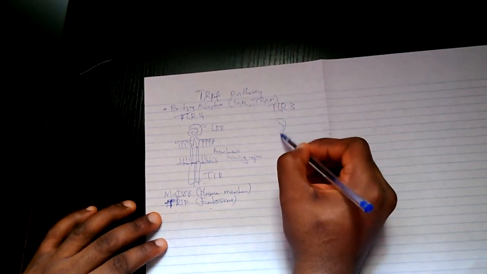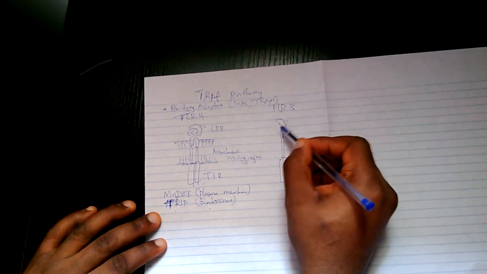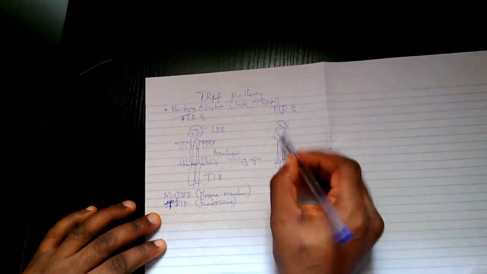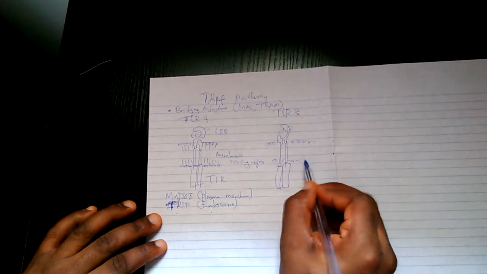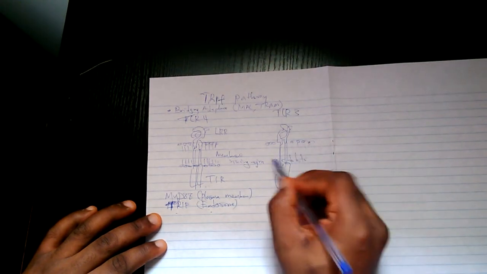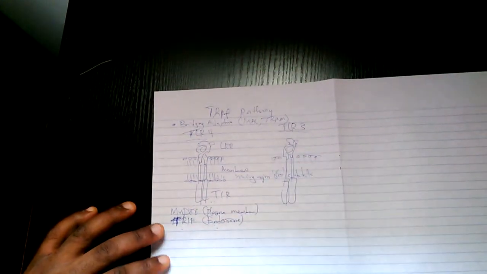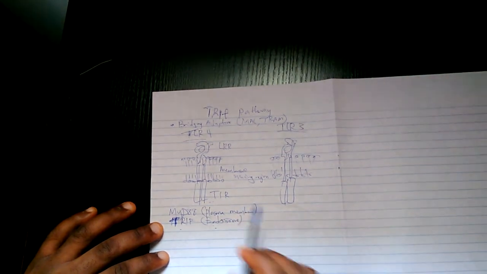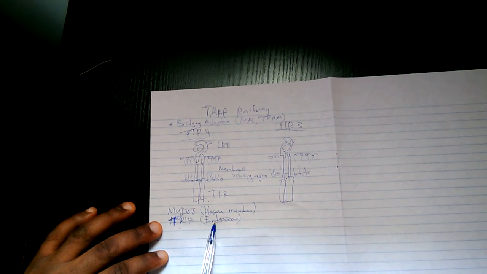Maybe let's draw the picture of this. So this is TLR3. We're going to be focusing on TRIF, so we're focusing on when it's bound to the endosome.